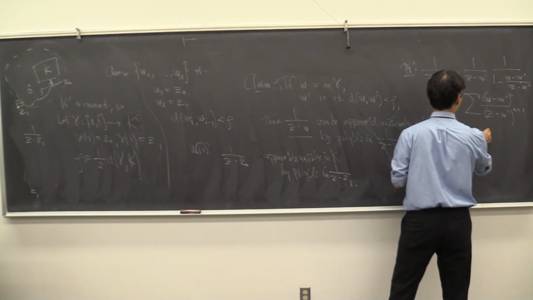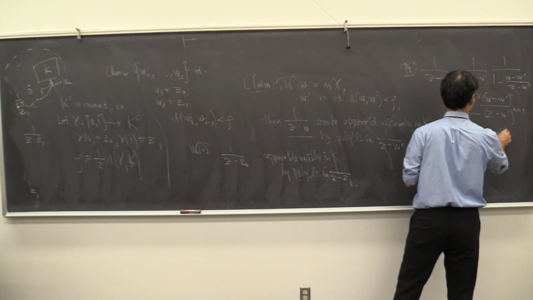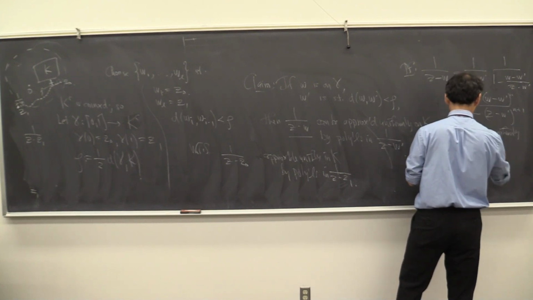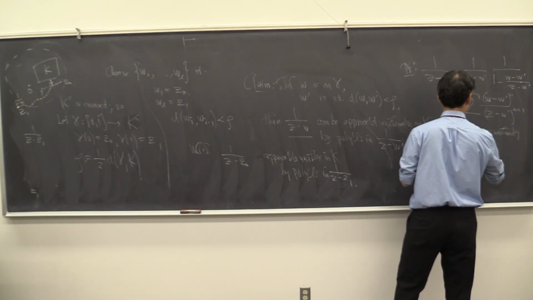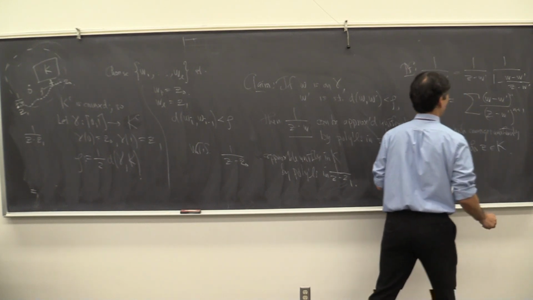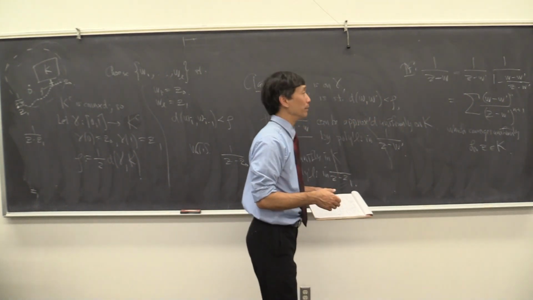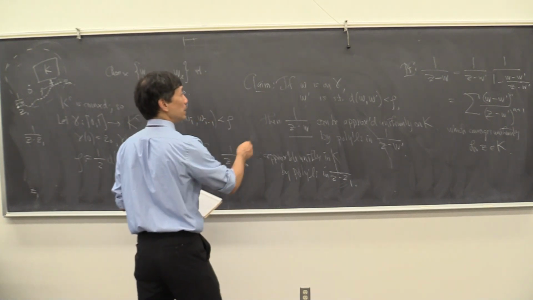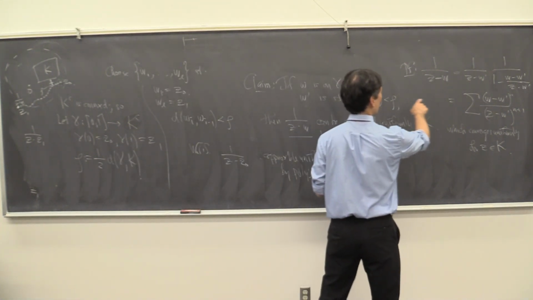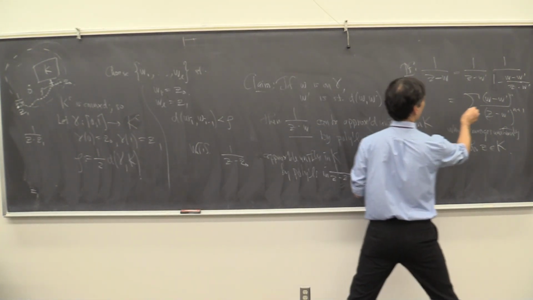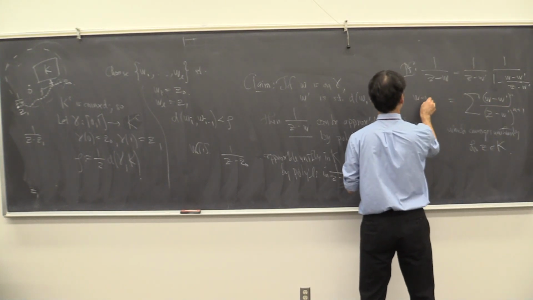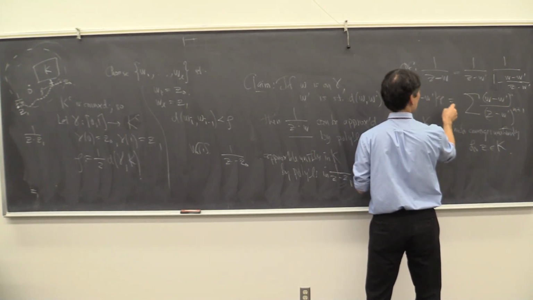Which converges uniformly for z in K. And here's where the rho comes in, right? Because the distance between w and w prime is less than rho.